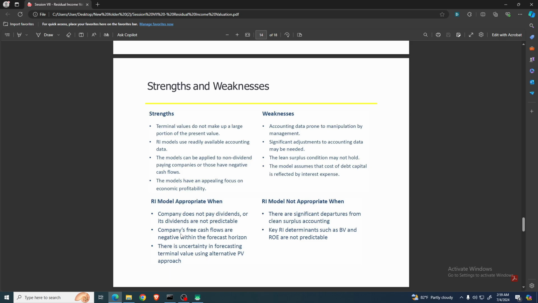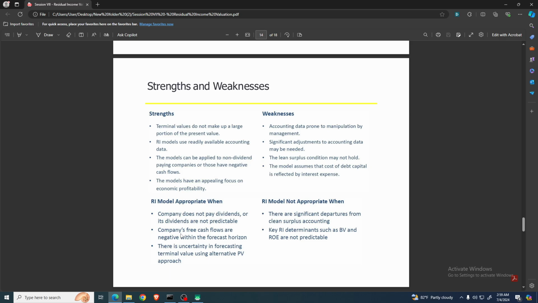First of all, we have the terminal value. So terminal values often make up a significant portion of the total present value in other valuation models. For example, if we take something like dividend discount model or even the most commonly used free cash flow, terminal value is going to play a significant role. But as you have seen so far, the terminal values do not constitute a large portion of the present value when we are going to focus on the residual income valuation.